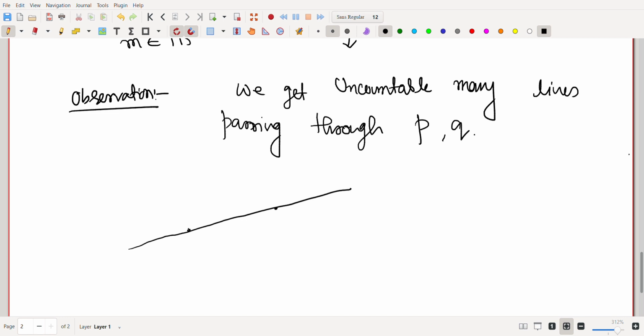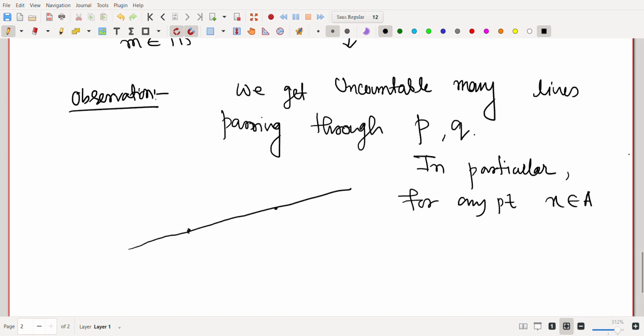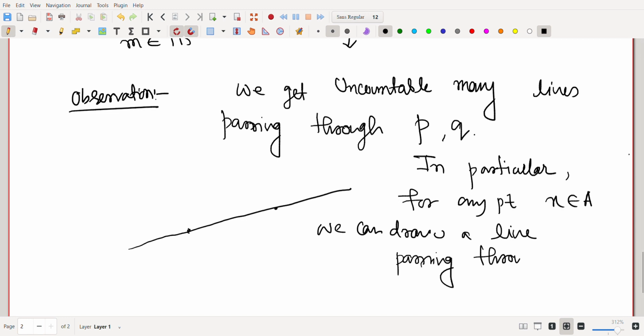In particular, for any point x in A, we can draw a line passing through P and x.